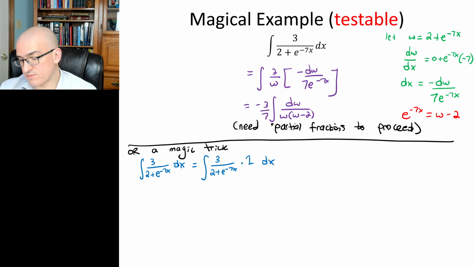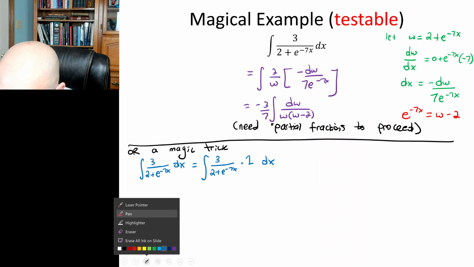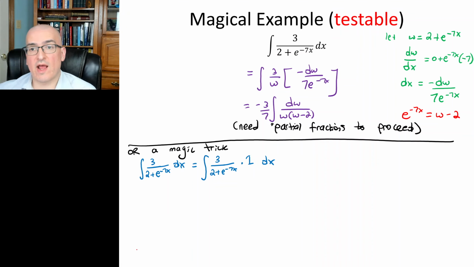A good choice will lead to an answer that will kind of fall into our lap. A bad choice won't give us anything beneficial at all. The choice that I'm going to use here is to multiply by e to the positive 7x divided by e to the positive 7x. And as we go through the calculation, you'll see why that choice works.